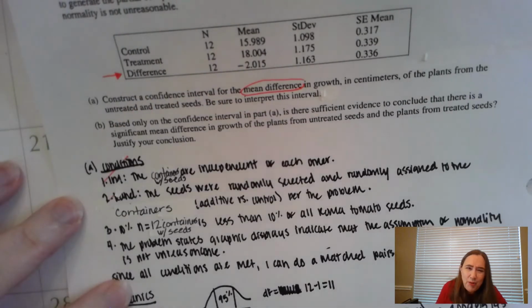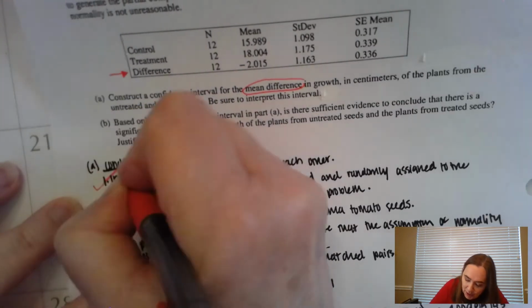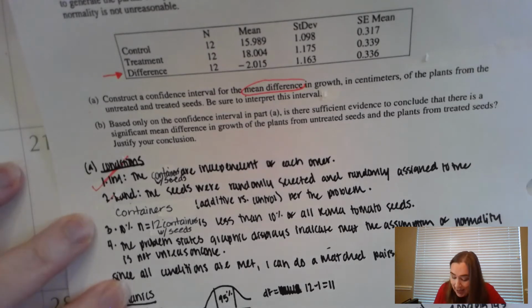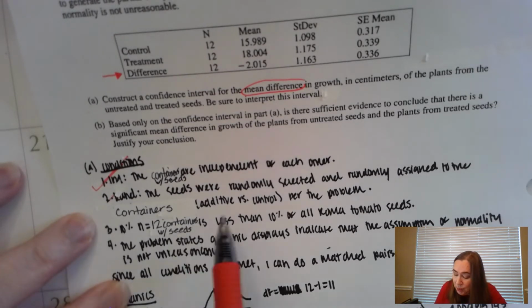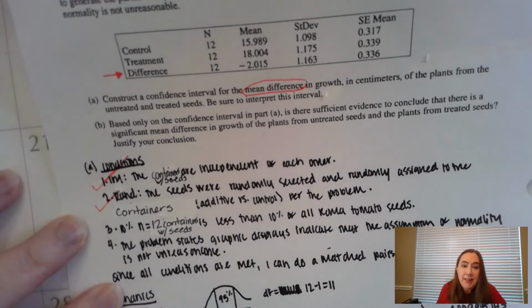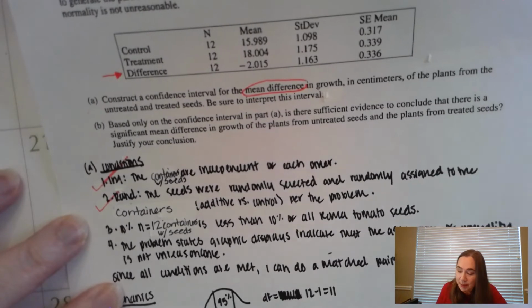So I'm trying to state it globally together. Randomization: the seeds were randomly selected and assigned to the containers for this particular problem.